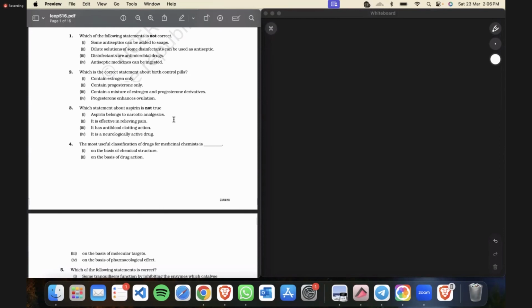Aspirin inhibits the synthesis of compounds known as prostaglandins. It is effective in relieving pain. It has anti-blood clotting action. It is a neurologically active drug. It is effective in relieving pain is true. It has anti-blood clotting action is true. It is a neurologically active drug is also true. This option is incorrect: aspirin belongs to narcotic analgesics. That is wrong.